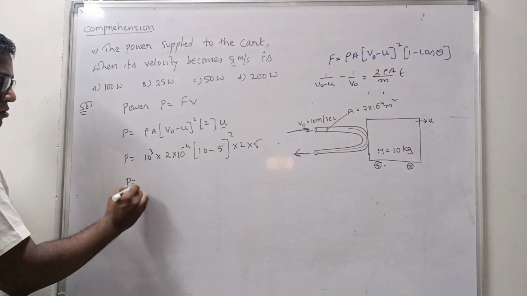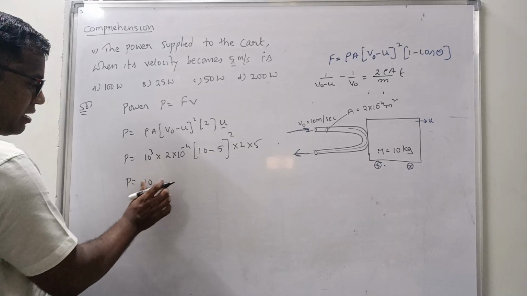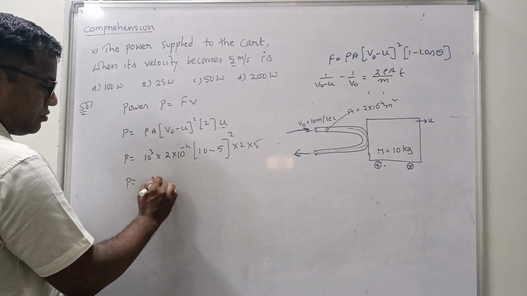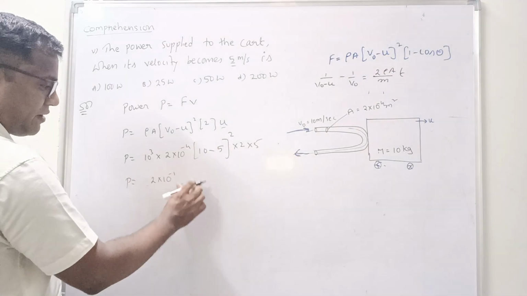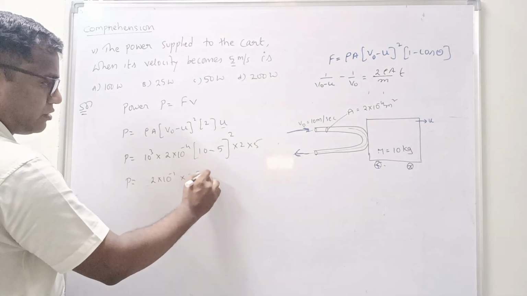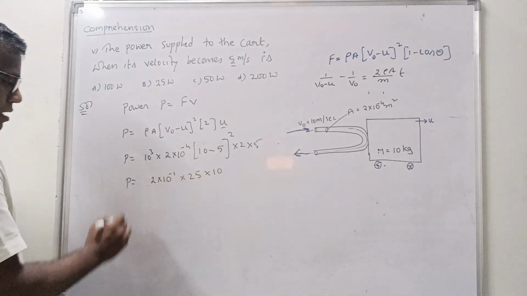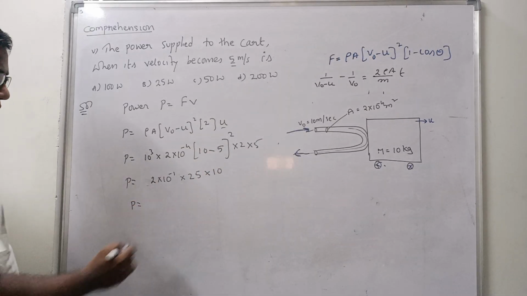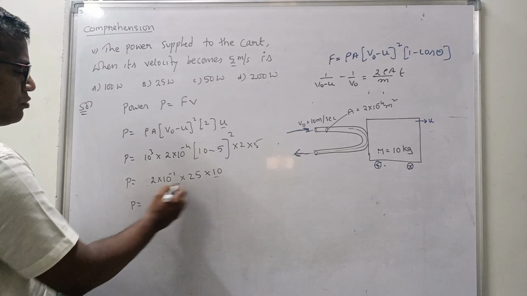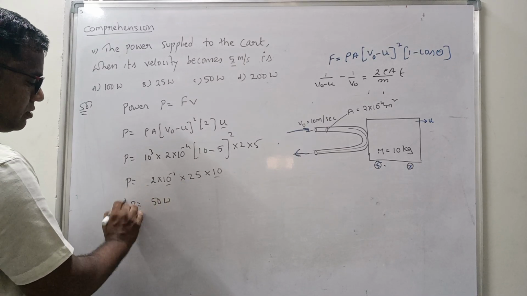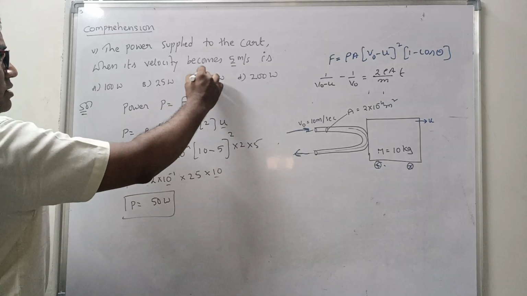So here P is equal to 10 power 3, 2 into 10 power minus 1, 10 minus 5 is 5, 5 square is 25. So 25 into 2, 50. So power P is equal to 50 watt. So option C is the right one.